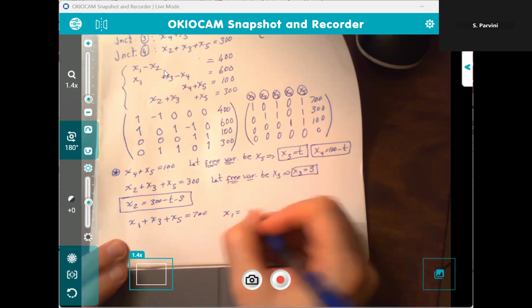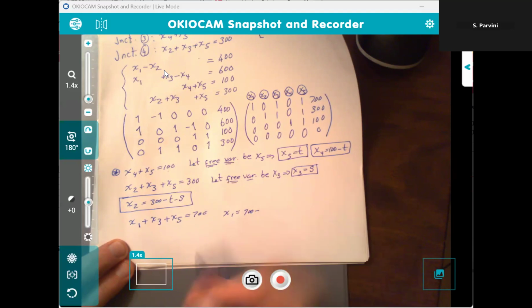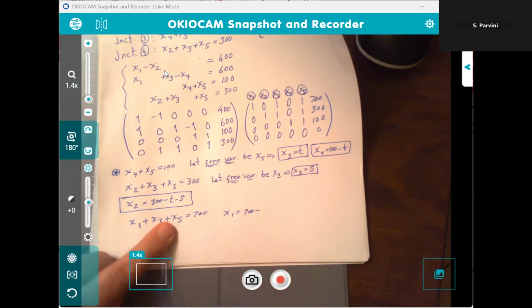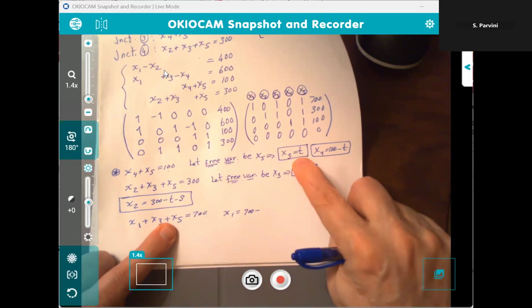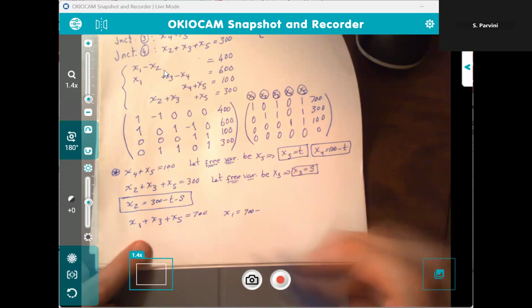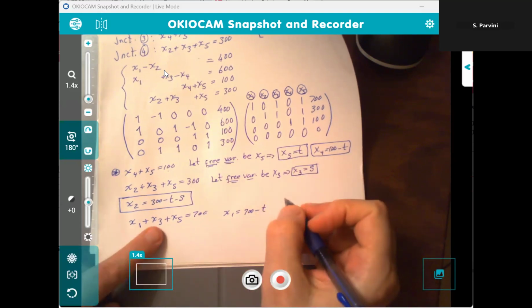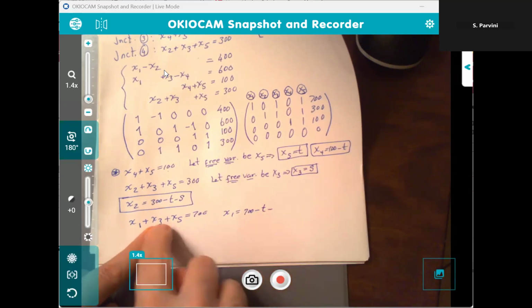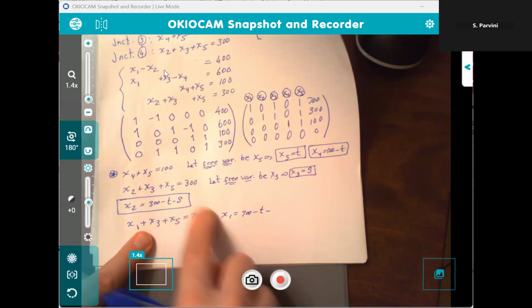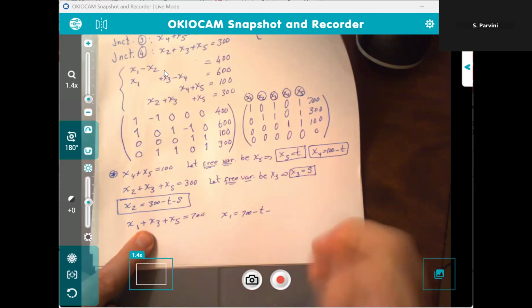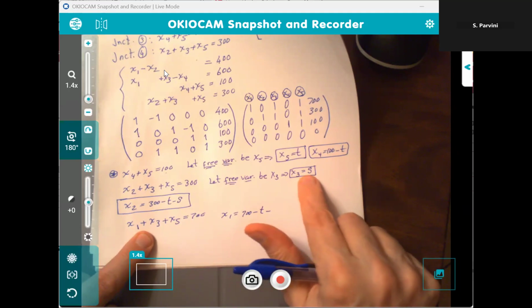X sub 1 would be 700 minus x sub 5, but isn't x sub 5 t? So that's minus t. Minus x sub 3, because we move x sub 3 to the other side, but x sub 3 is s.